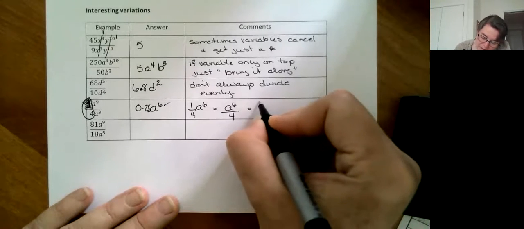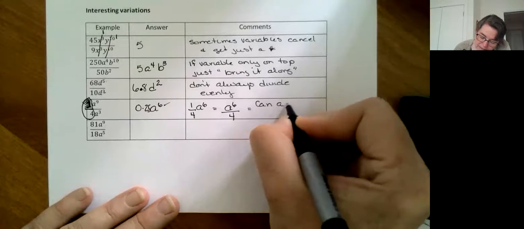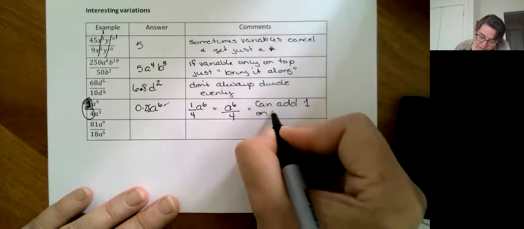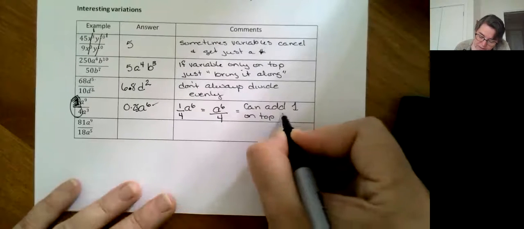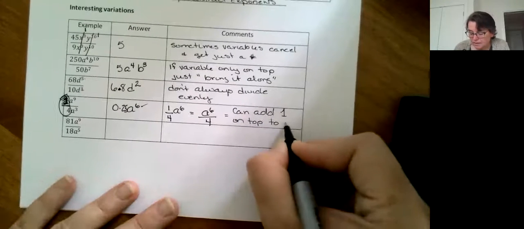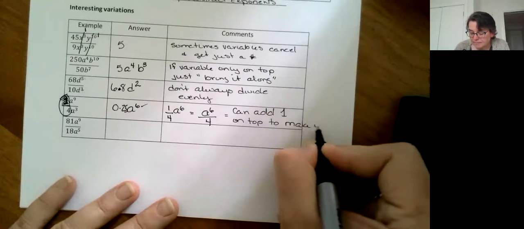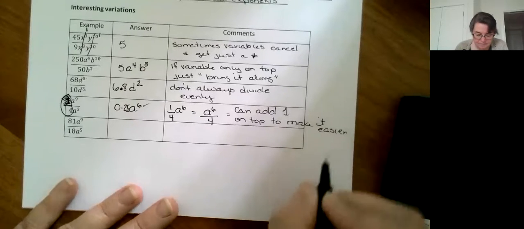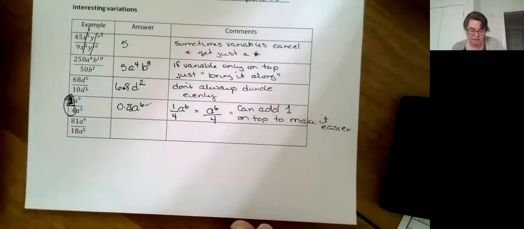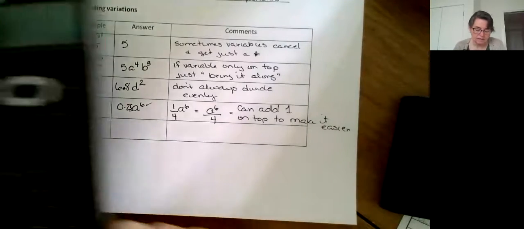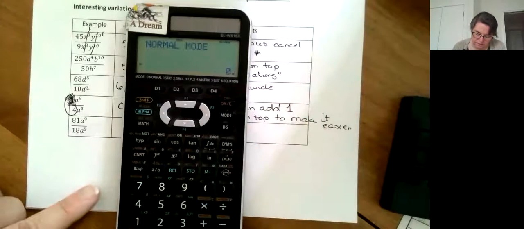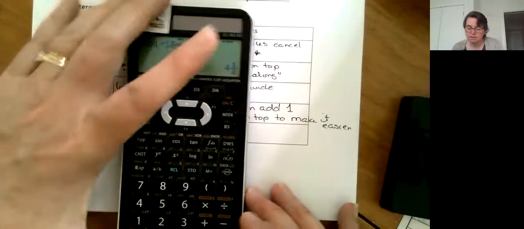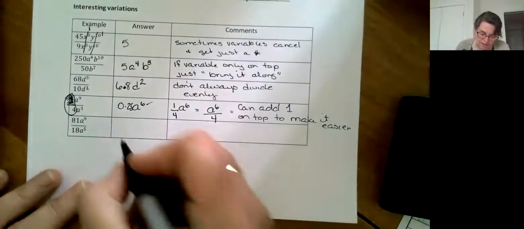So what do I want to say here? You can add a 1 on top to make it easier. All right, and I think the last one, 81 divided by 18, I don't think that comes out even. 81 divided by 18, oh, so 4.5.